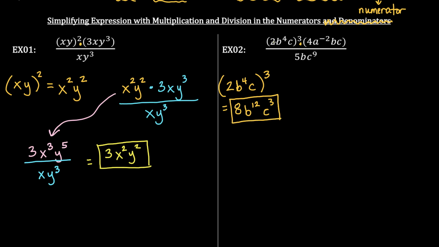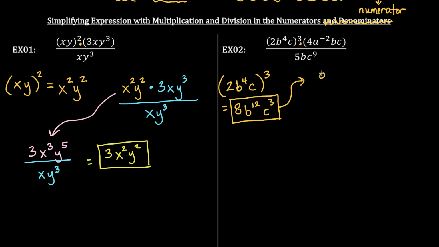And c to the third is just c to the third. Cool. So that takes care of this part right here. Now, I need to be careful with this a to the negative second, because remember, this is a negative exponent. I'm trying to think about the best way of doing this. Okay, so there's no real great way.